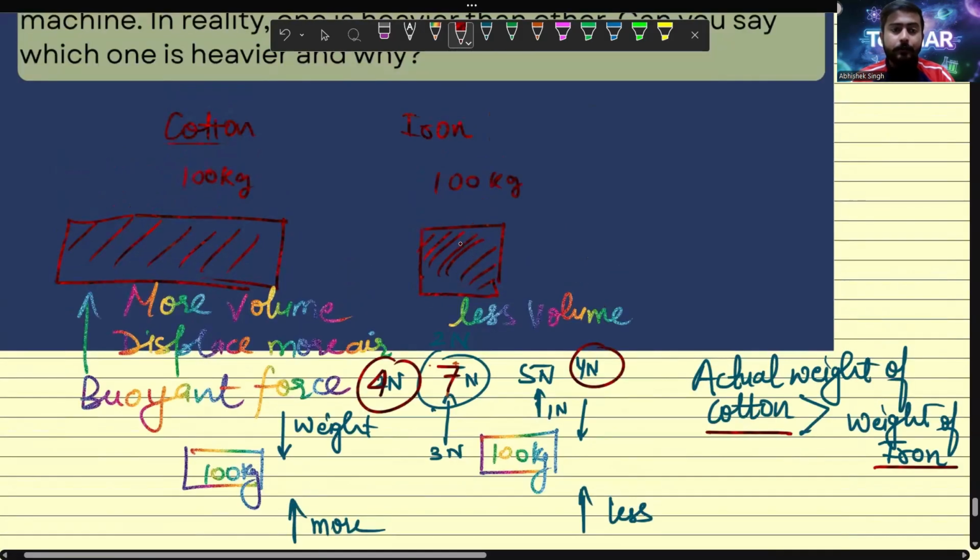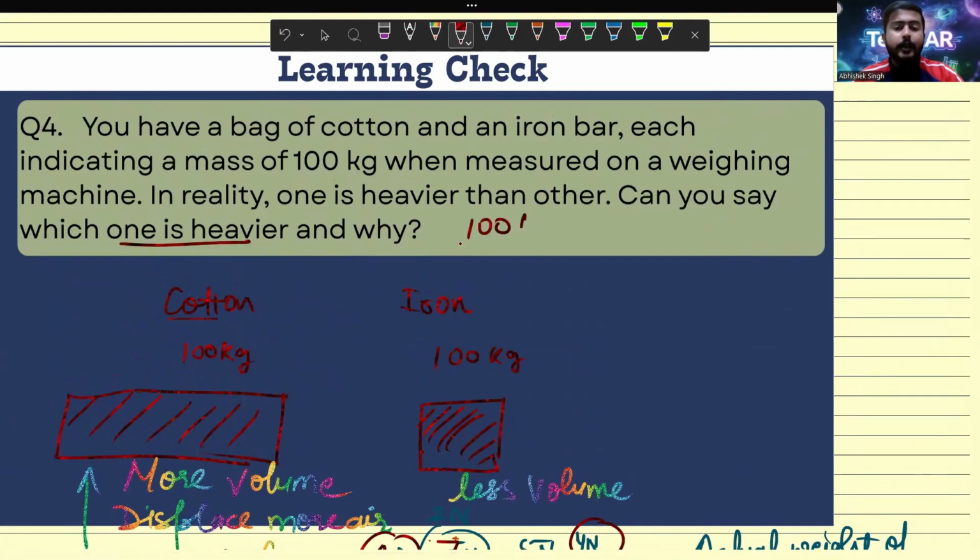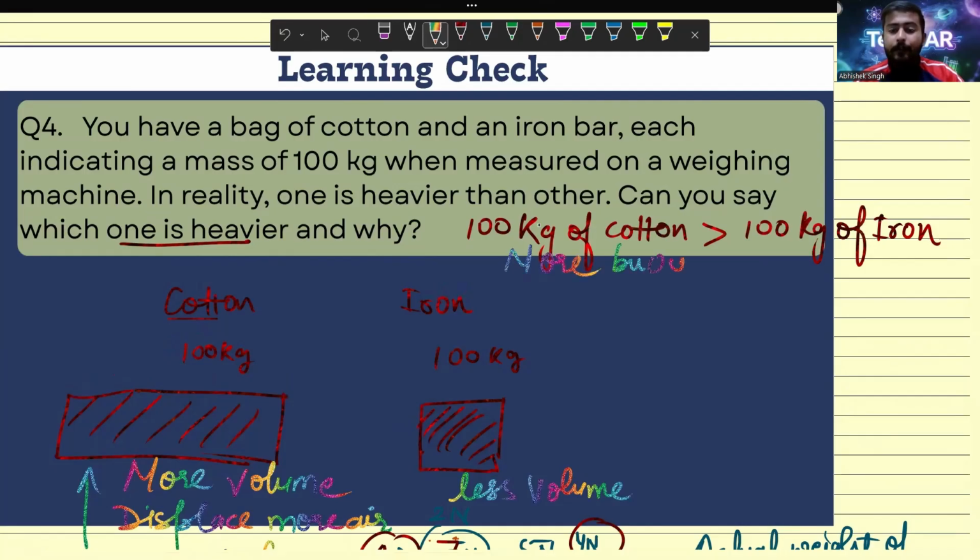So in this question, can you say which one is heavier? You will say that 100 kg of cotton is heavier than 100 kg of iron. Why? Because the 100 kg of cotton has more volume and will experience more buoyant force.